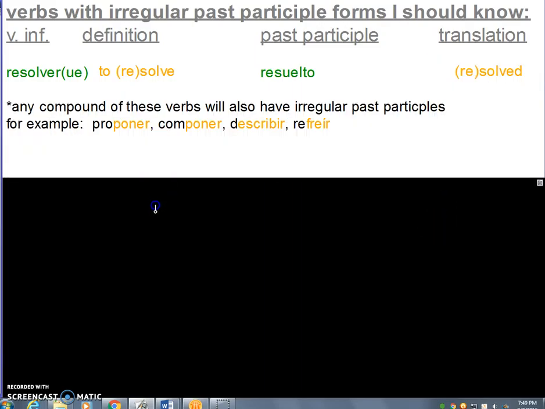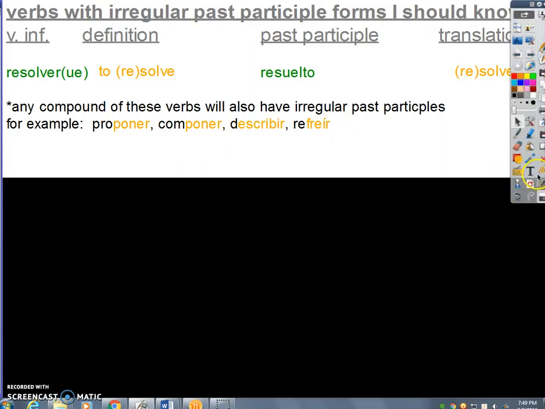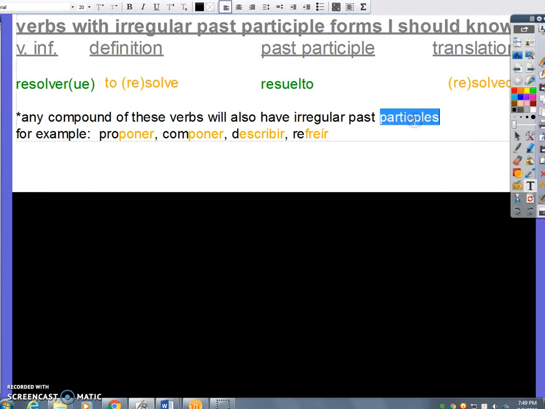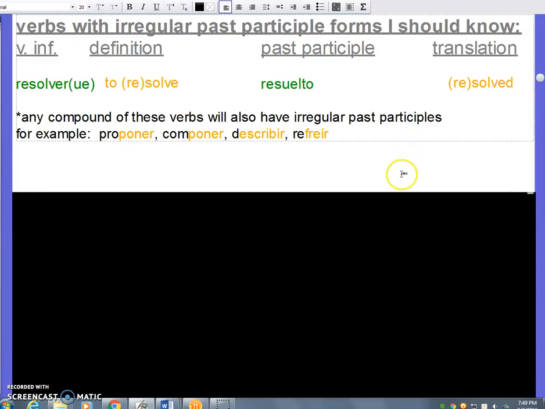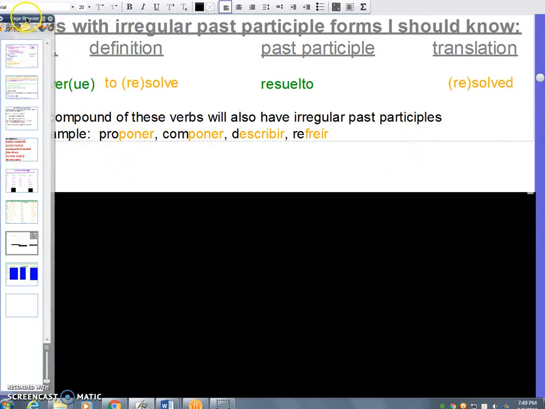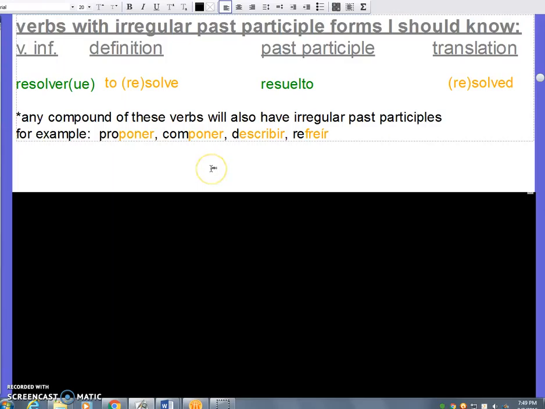And what I was just talking about with cubrir and descubrir is that any compound of these verbs will also have irregular past participles. That's misspelled. Let's change it. Participles. For example, proponer, componer, describir, refreír. Since poner's past participle is puesto, the irregular past participle of proponer would be propuesto.